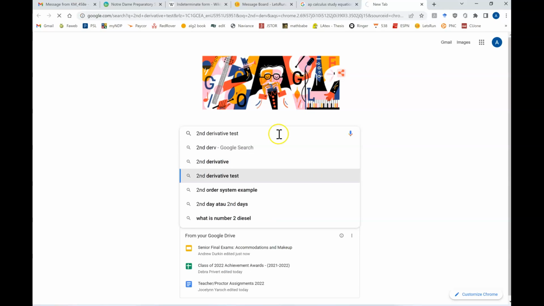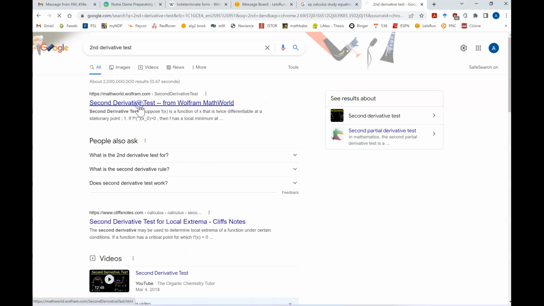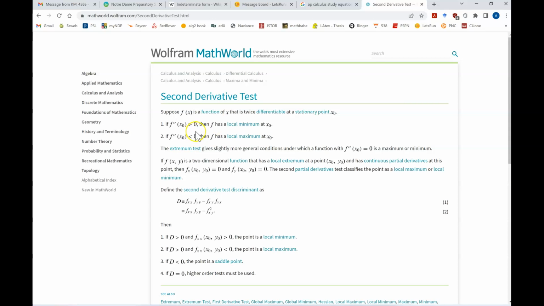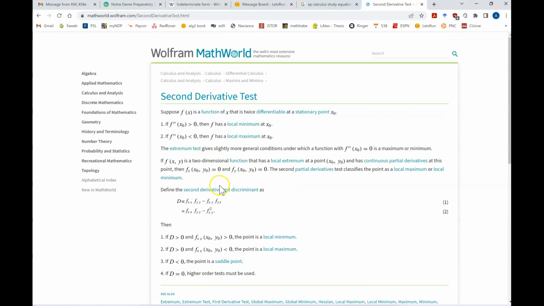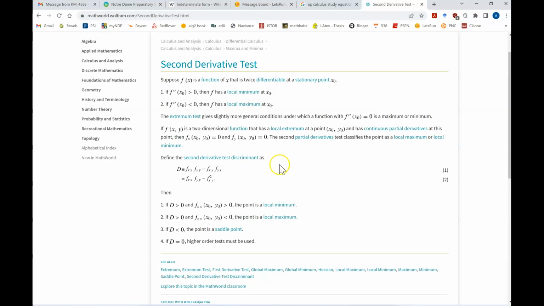Second derivative. Let's see what we get. Okay, so if the derivative is positive, and then where is it? This is super technical.